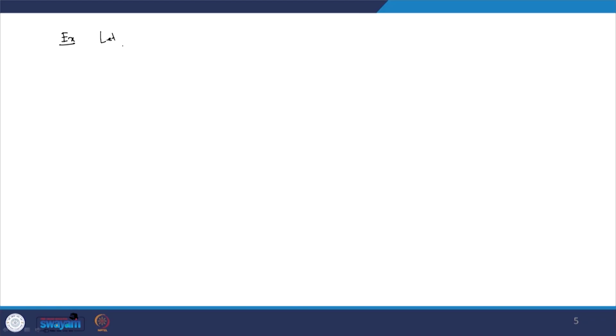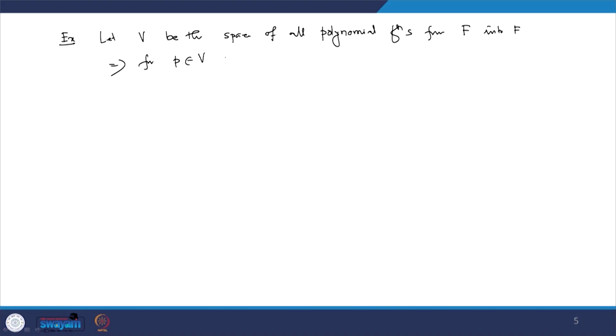Let V be the space of all polynomial functions from field F into F. So, this implies for P belonging to V there exists a positive integer n belonging to the set of natural numbers such that P equals sigma Pi x to the power i, i equal to 0 to n, which is basically P naught plus P1 into x plus P2 into x square plus up to Pn x to the power n.